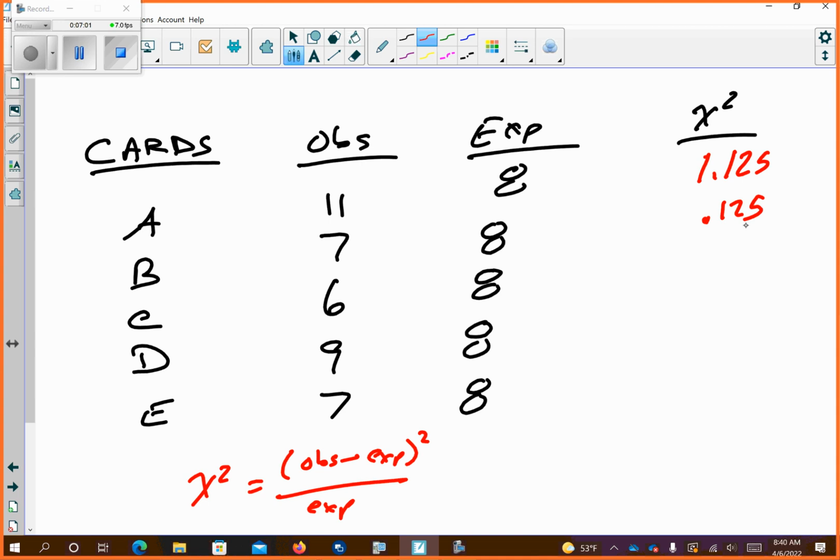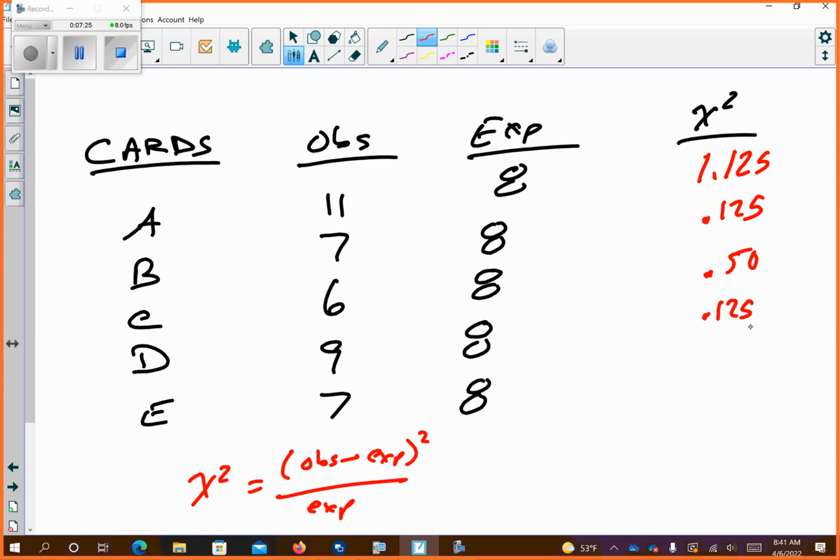And then I get 6 minus 8, negative 2. Negative 2 squared is 4. 4 divided by 8 is 0.5. And then 9 minus 8 is 1. 1 squared is 1. 1 divided by 8 comes out to 0.125. And then 7 minus 8 is negative 1.